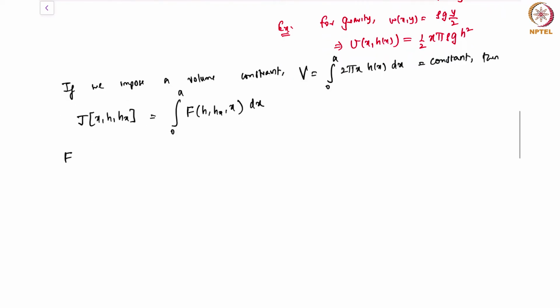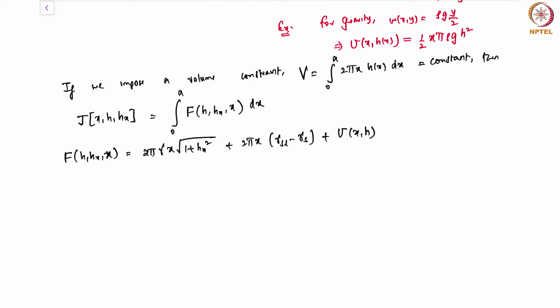where this quantity f essentially becomes 2 pi gamma x into square root of 1 plus hx square, plus 2 pi x times the difference in the surface energies of the solid-liquid and the solid-vapor, plus this external field that we have here, this could be gravity, plus the constraint from the volume, that is lambda times 2 pi x times h.